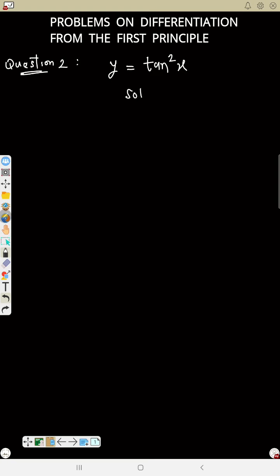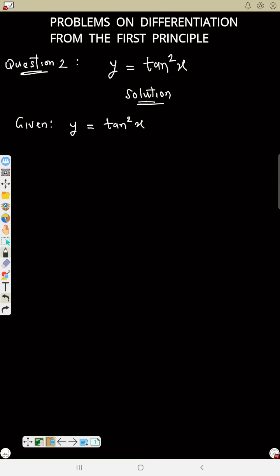So given y is equal to tan square x, so y equals tan square s.